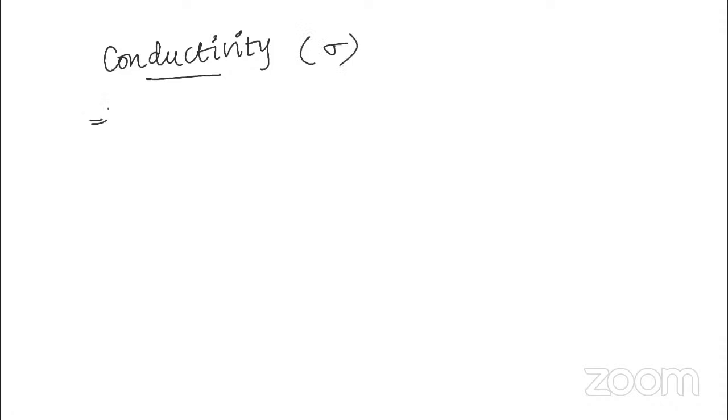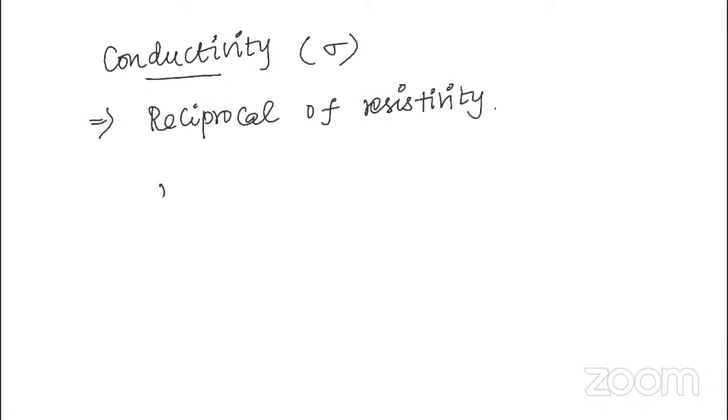Conductivity is nothing but the reciprocal of resistivity. So the expression is sigma is equal to 1 by rho. This is also a very important formula.